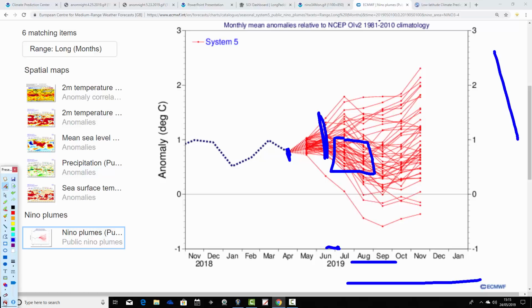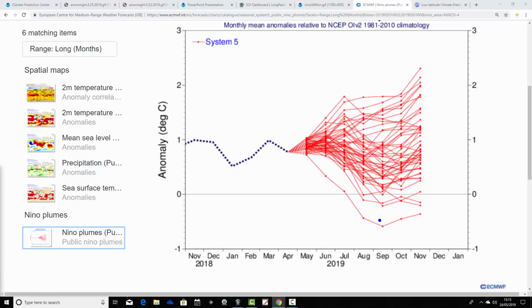We do have a few members of the ECMWF ensemble plume that are going into a La Nina. They're these ones just here. They're a minority option, but a few of them are doing that. In fact, we have got quite a big range from the warmest to the coldest ensemble member. So that's the coldest ensemble member just there, and this is the warmest ensemble member just here.